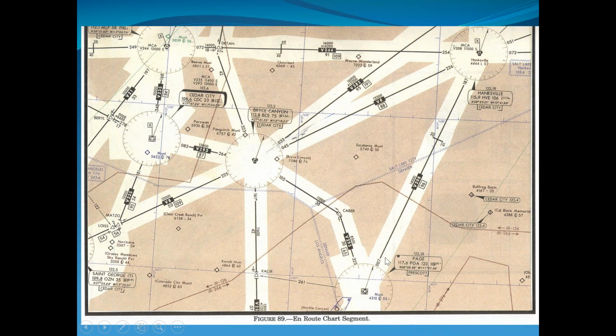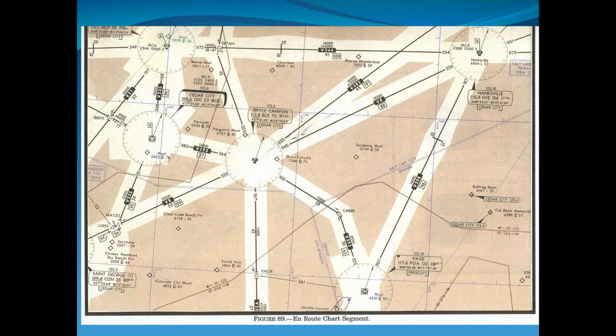So you tune your other one into the Page VOR, and once the Page VOR shows that you are at the 261 radial, along with your other VOR receiver saying that you're still on the 161 from Bryce Canyon, when those two meet, that's how you know you're at the Cassier intersection. If you don't have DME.